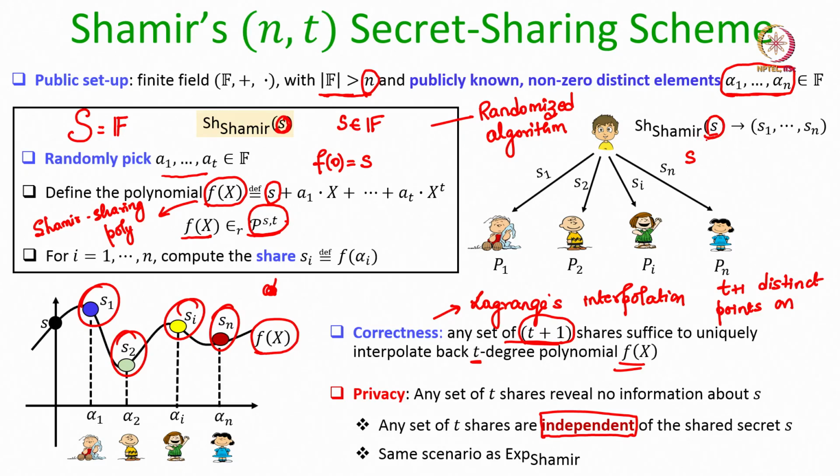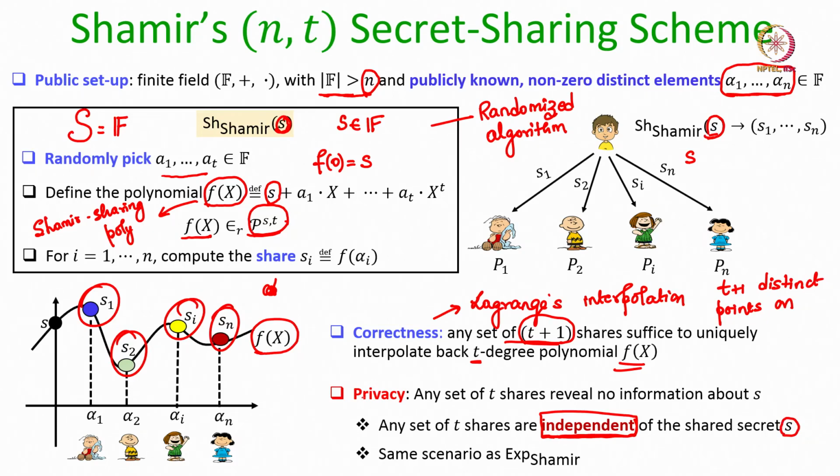And that is why there is a probability distribution associated with the output shares, because they are probabilistically depending upon the input. So, what we now want to claim here is that if we take any subset of t shares and focus on its probability distribution, it is independent of the dealer's input S.